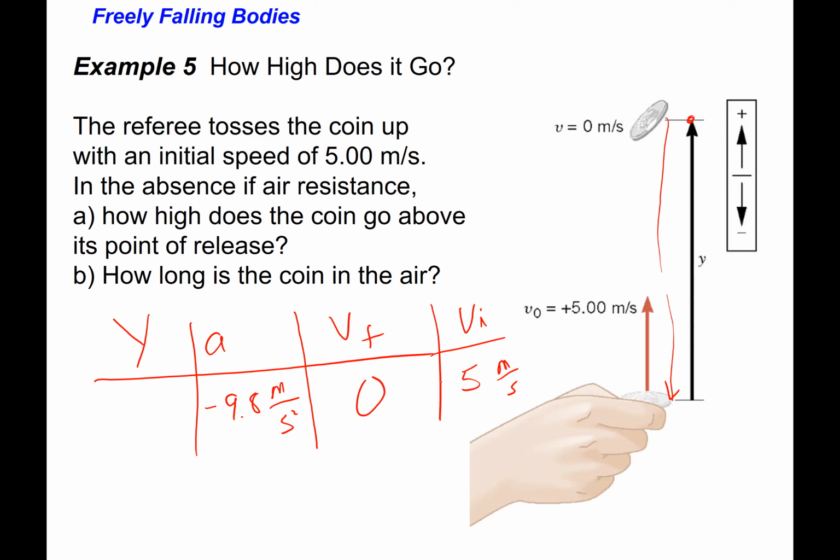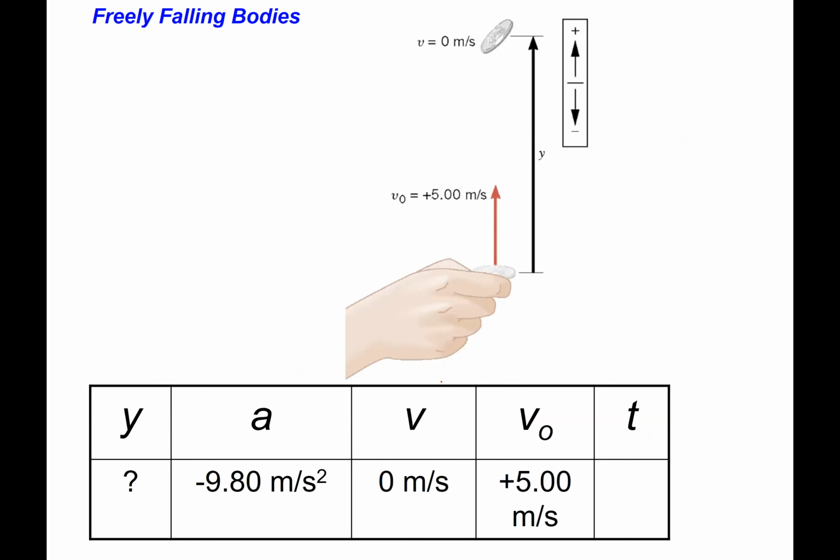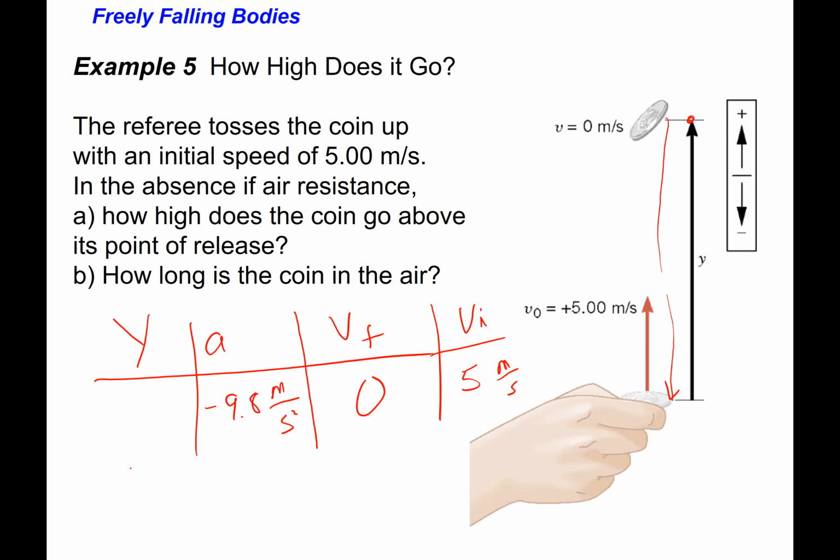So my equation says that v final equals v initial plus the acceleration, in this case due to gravity, times time up.